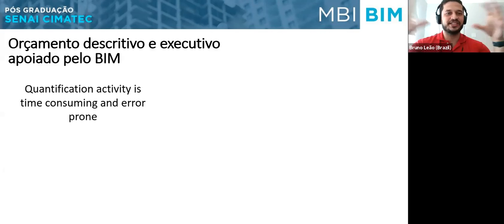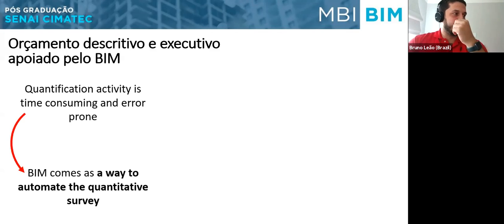Because there is this story that BIM can do budgets. No, the budget is a process that's done by a professional, and BIM comes as a tool to make the process of quantification faster, but only if we model our BIM model properly.